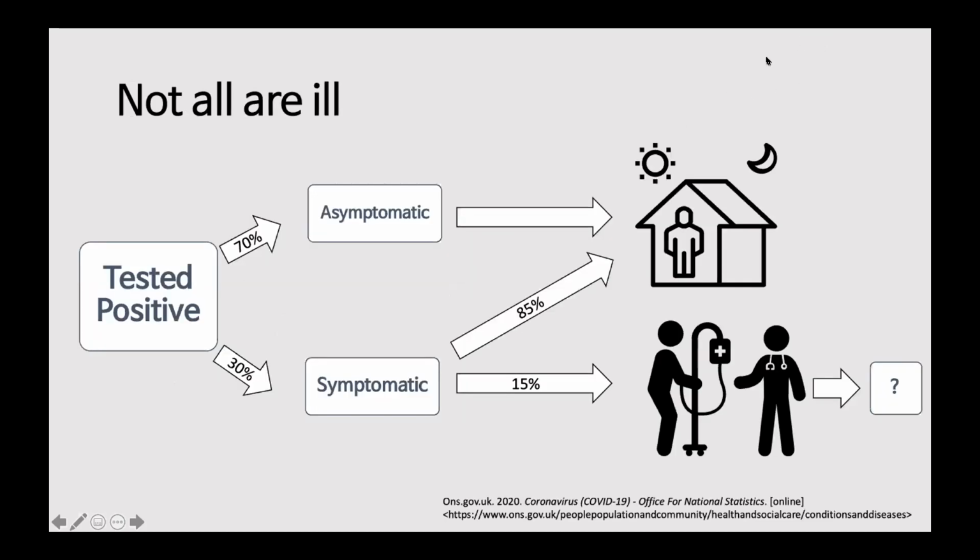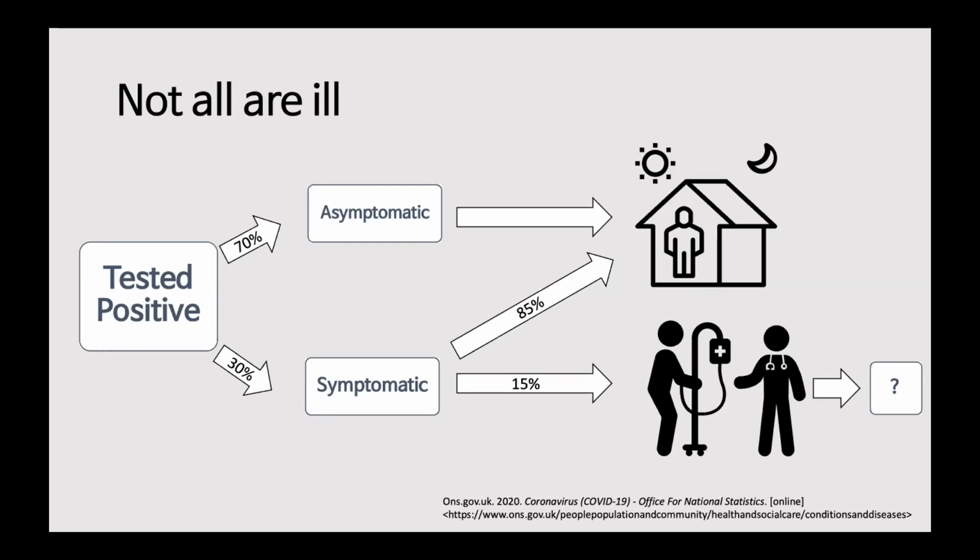So to start, I have to first mention that not all the people who contract the disease are ill. If we are tested positive, it means that 70% of us are asymptomatic, or don't have any signs of fever or cough or anything like that. And those people get into quarantine in their own homes. However, the next 30% are symptomatic, which means they show symptoms.